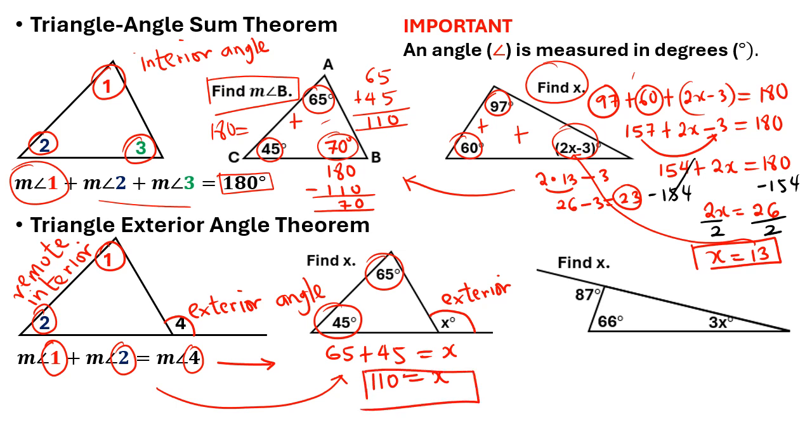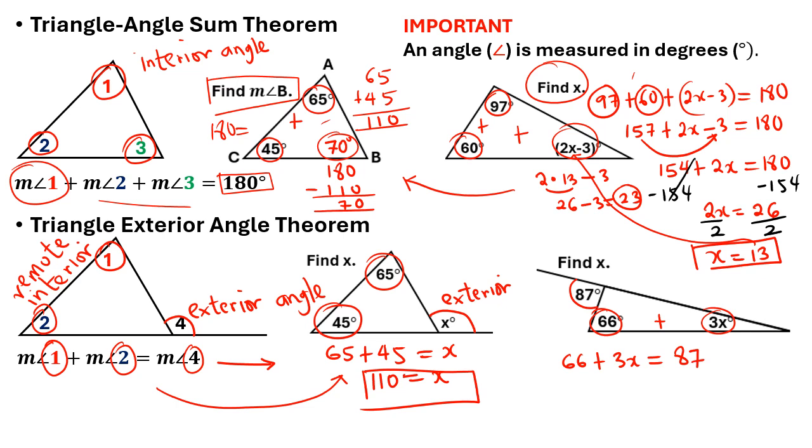All right, so let's go ahead and solve this final problem using the same theorem. We see here that 87 is the exterior angle, and 66 and 3x are the remote interior angles. So again, we are going to apply the theorem. First, we're going to add the remote interior angles. So 66 plus 3x must equal the exterior angle, which is 87.